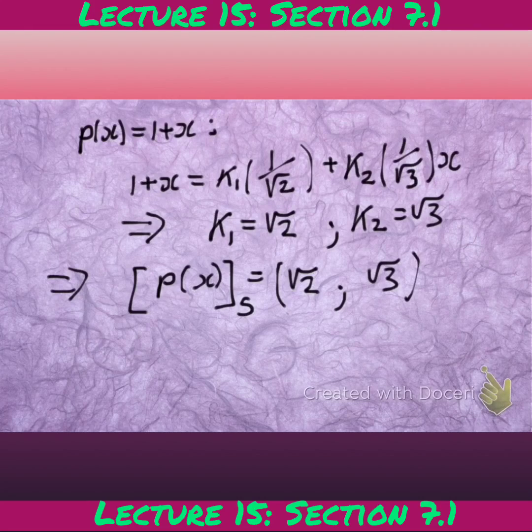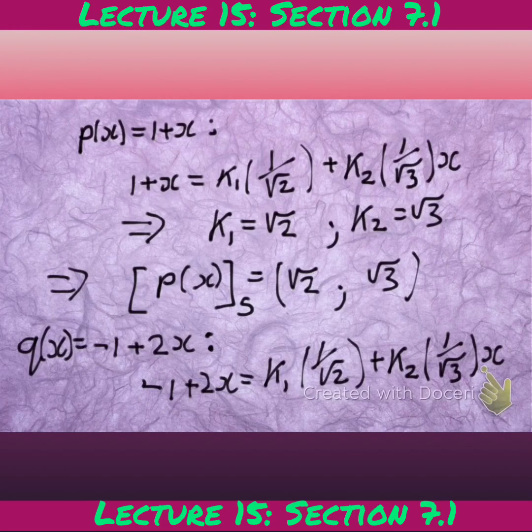All right, the other one. For the second one, we need to find k1 and k2 such that we have that, and that's then going to imply that k1 is minus square root of 2, and k2 is 2 square root of 3.